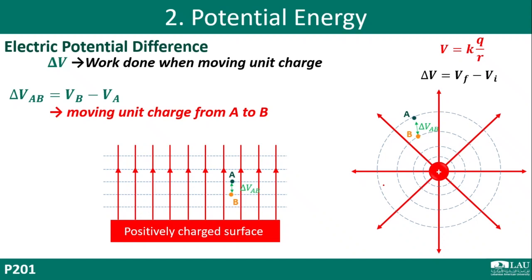To obtain the electric potential difference delta V, we need a variation in the electric potential. As in mechanics, to obtain a variation in the gravitational potential energy, we need to apply a force, we need work. So work must be done to move a particle, in our case to move a charge.